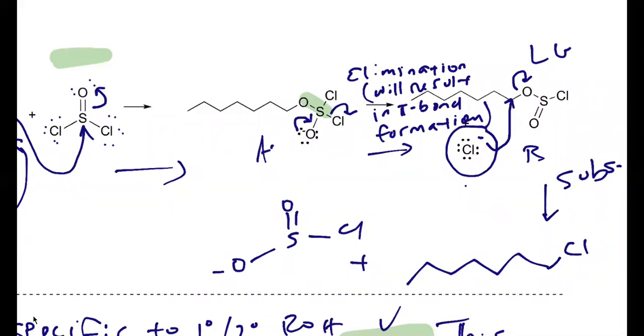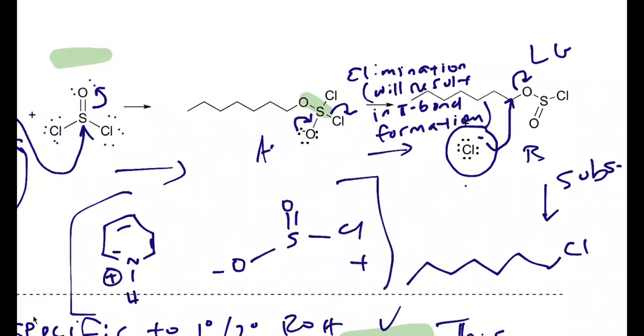Let me draw that in here. So remember I said earlier that the pyridine would eventually give up that proton. It's going to be these two that get together, but then it'll just give the proton to this oxygen.